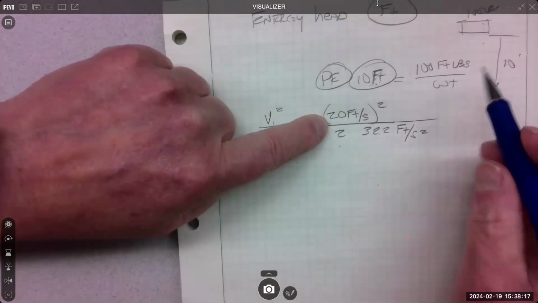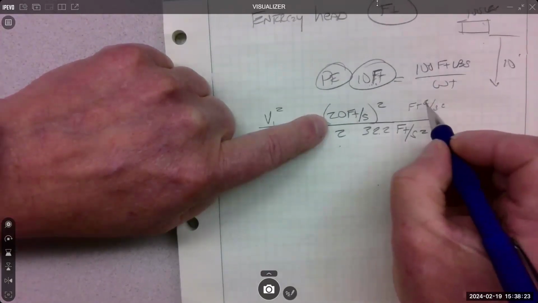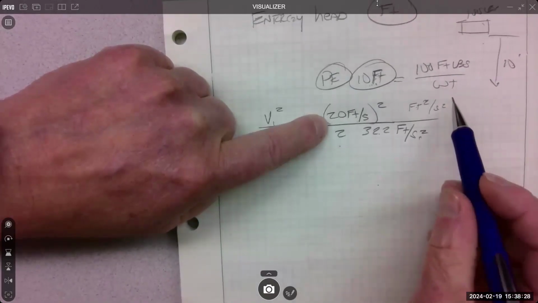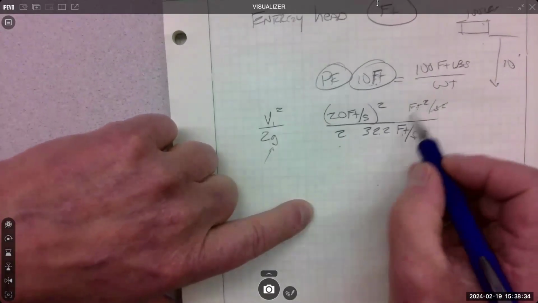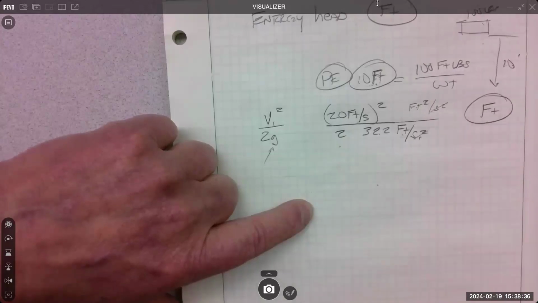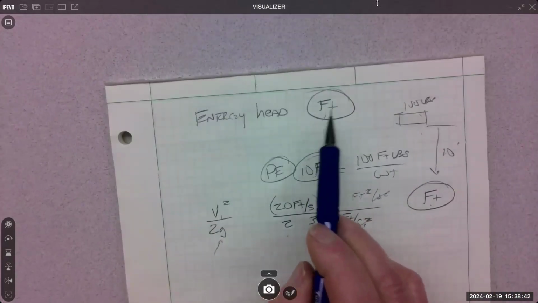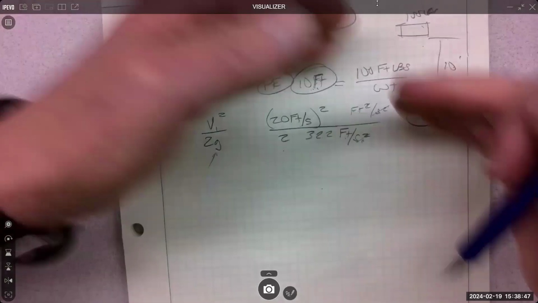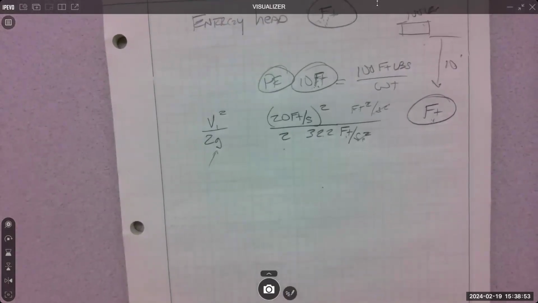It's feet squared over second squared, and the second squared in the denominator flips up on top, so those cross, and feet squared and feet cross, and we're left with feet. Again, velocity head. So we have potential energy head and velocity head, and we can add these two together. That's how we do conservation of energy: we put every energy in terms of feet.